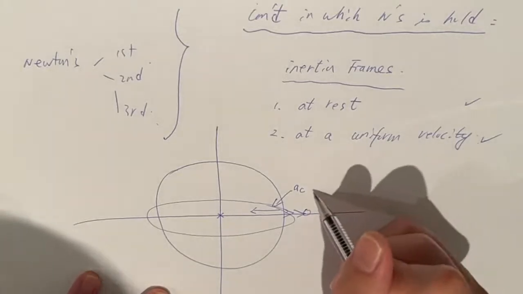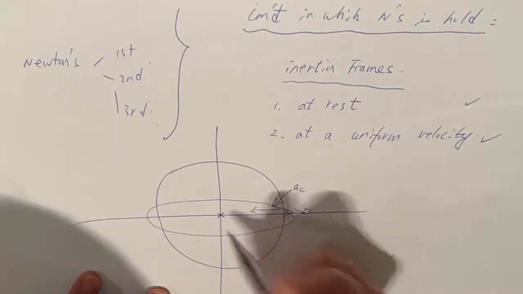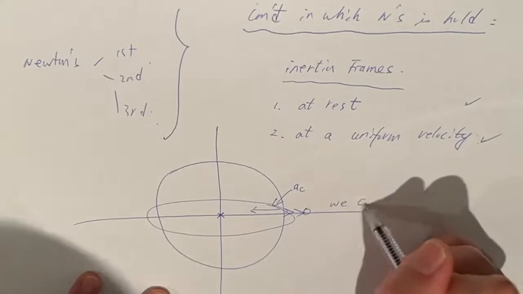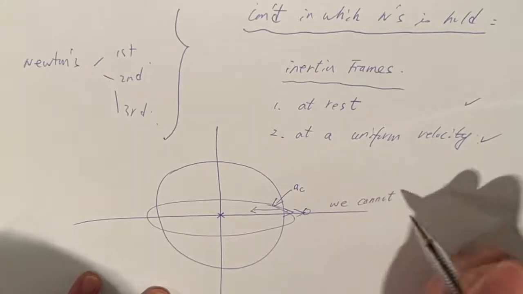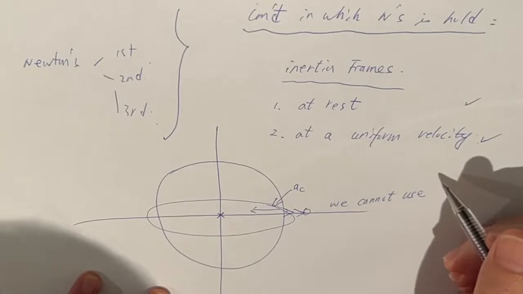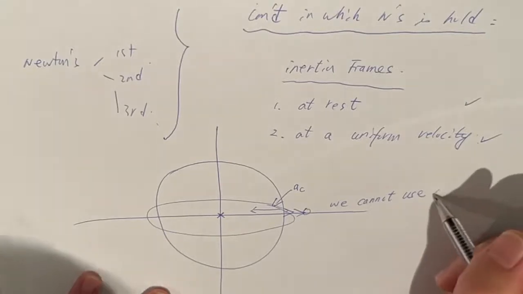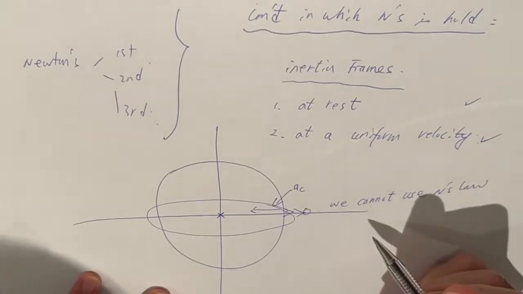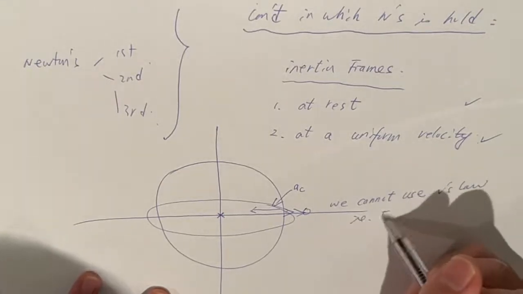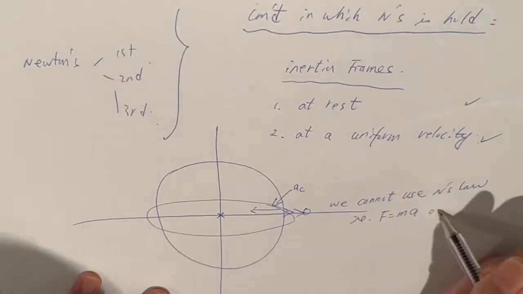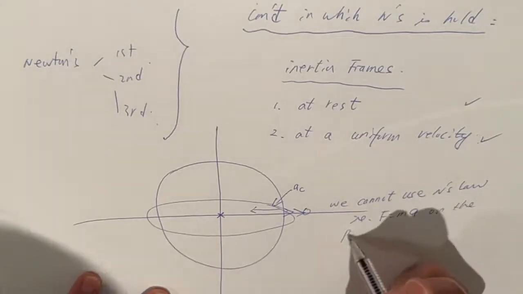So, since this person has an acceleration always towards the center of the Earth, we cannot use Newton's law, i.e. F equal to ma, on the person.